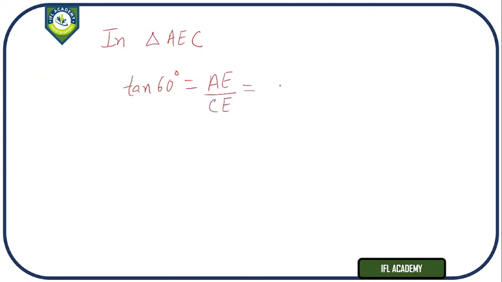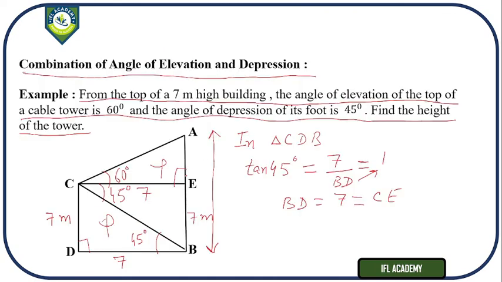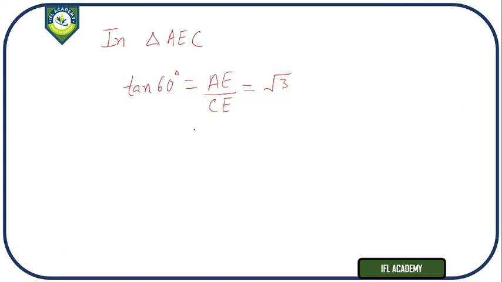The value of tan 60 degree is √3, and AE we don't know, CE is 7, so AE upon 7 will be equal to √3, so AE is equal to 7√3.